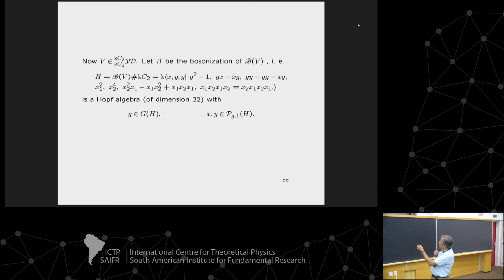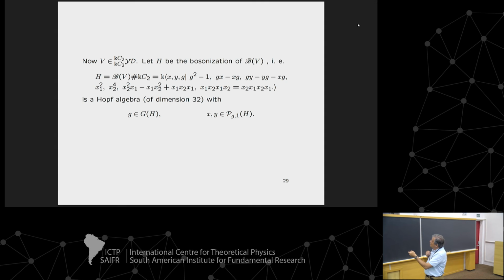So G squared equal to 1 is the relation coming from C2. This is the action of G on X and G on Y, given by these two relations. And these are the relations of B of V, as computed by Sibyl, Slove, and Witherspoon. It turns out that this is a Hopf algebra. Now the dimension is 32, and G is a group-like, and X and Y are G-1 primitive.